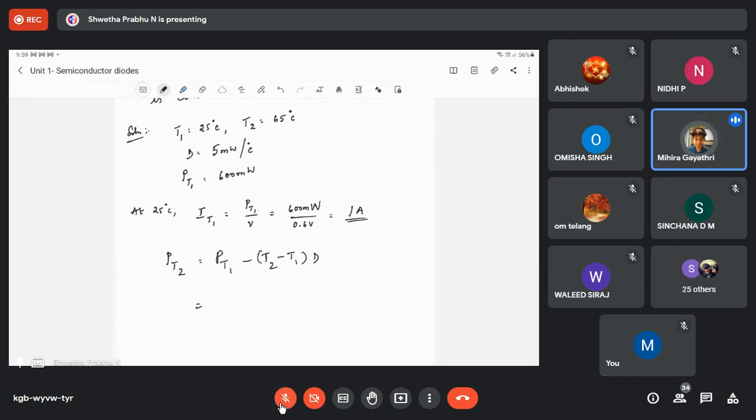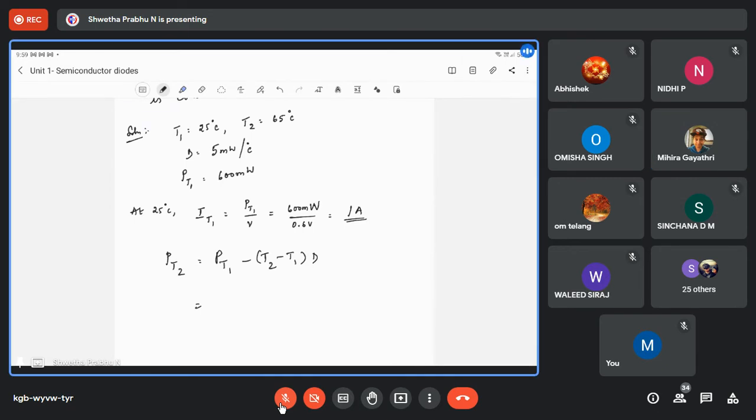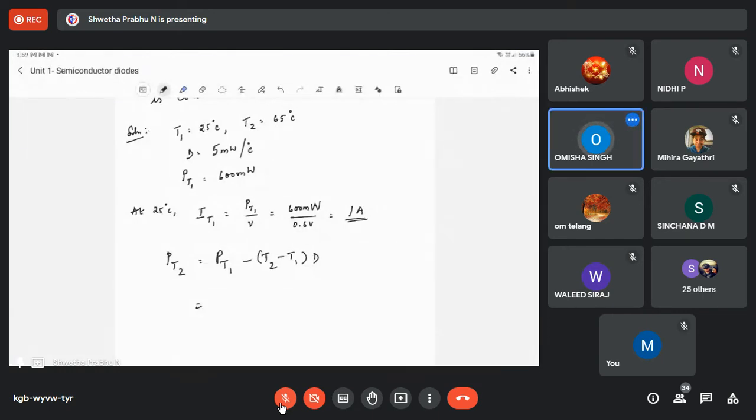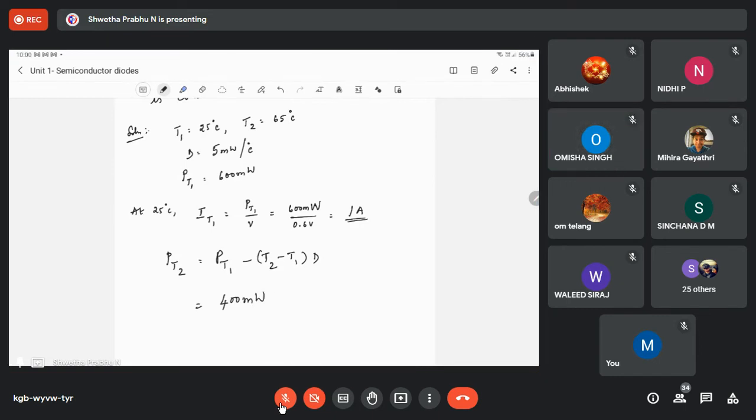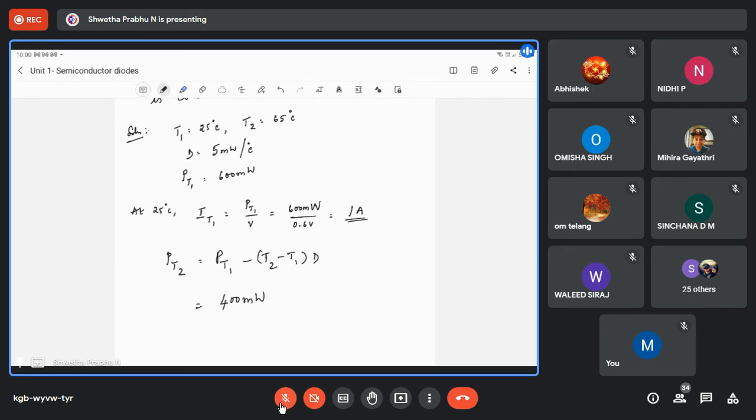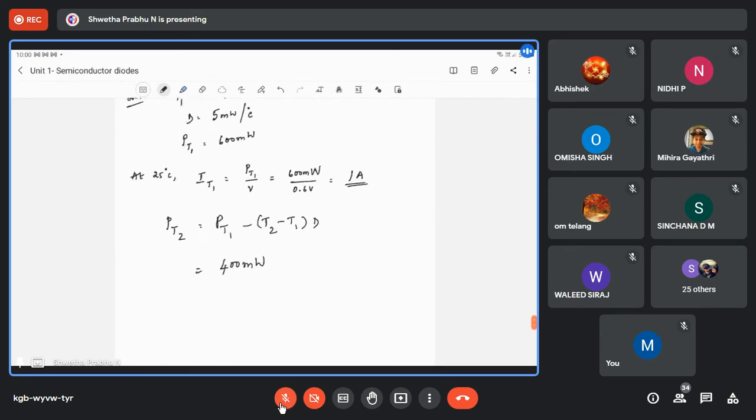Ma'am, then why did we need current at T1? They're asking to find the current at T1 as well as T2, at 25 as well as at 65 degrees Celsius. Correct. Ma'am, 0.4. Correct. I can write this as 400 milliwatt, since the power at temperature T1 is 600 milliwatt.